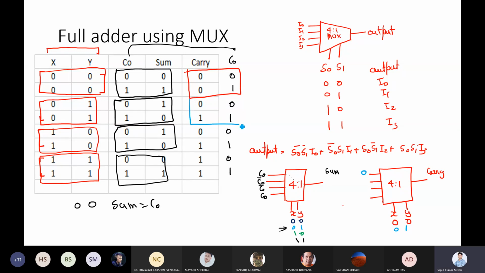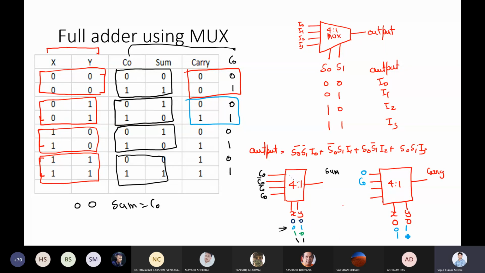Now when the value is 0, 1, you will jump into this part. Then what do you want as output? Now it depends upon the carry. If your xy is 0, 1, it depends upon the carry. If your carry in is 0, the output is 0. If your carry in is 1, the output is also 1. Means the exact value that carry in has. So we'll have C0.